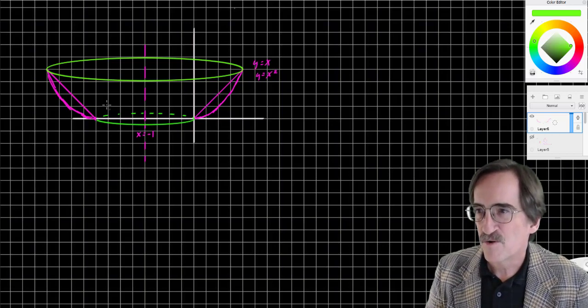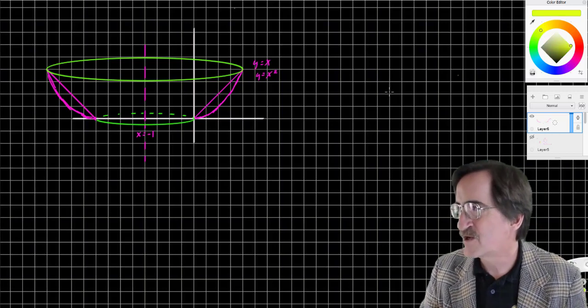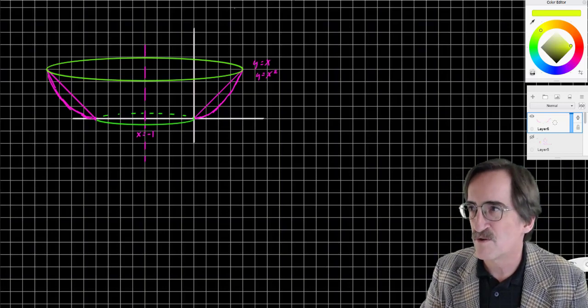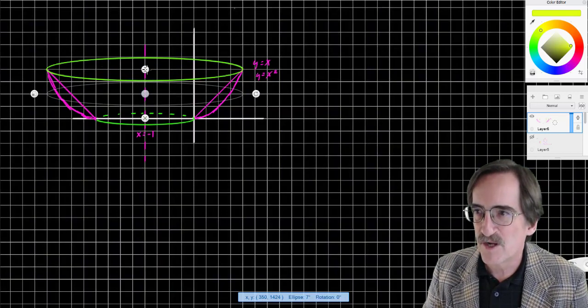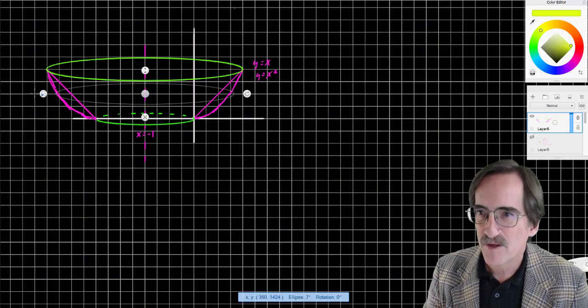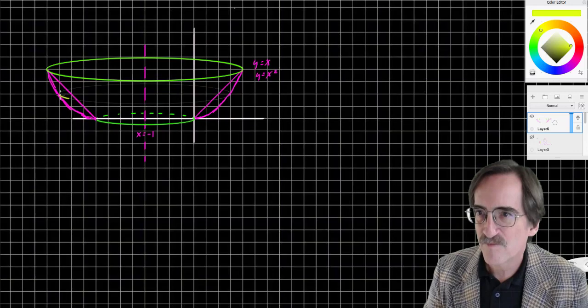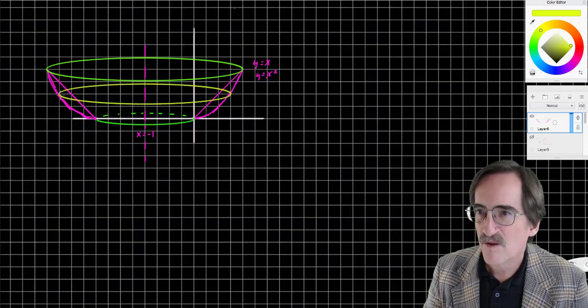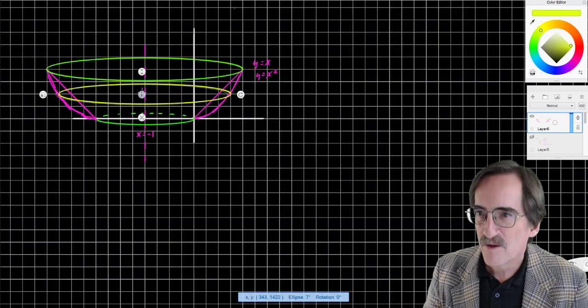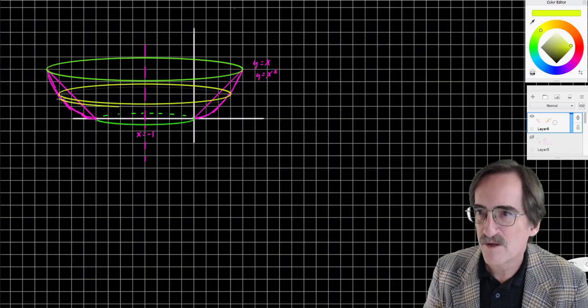And these are our cross sections. So let's find the cross section of a washer, or the area of one washer. We'll just pick a random slice in the middle. Here's the outer circle, and its thickness, delta y.